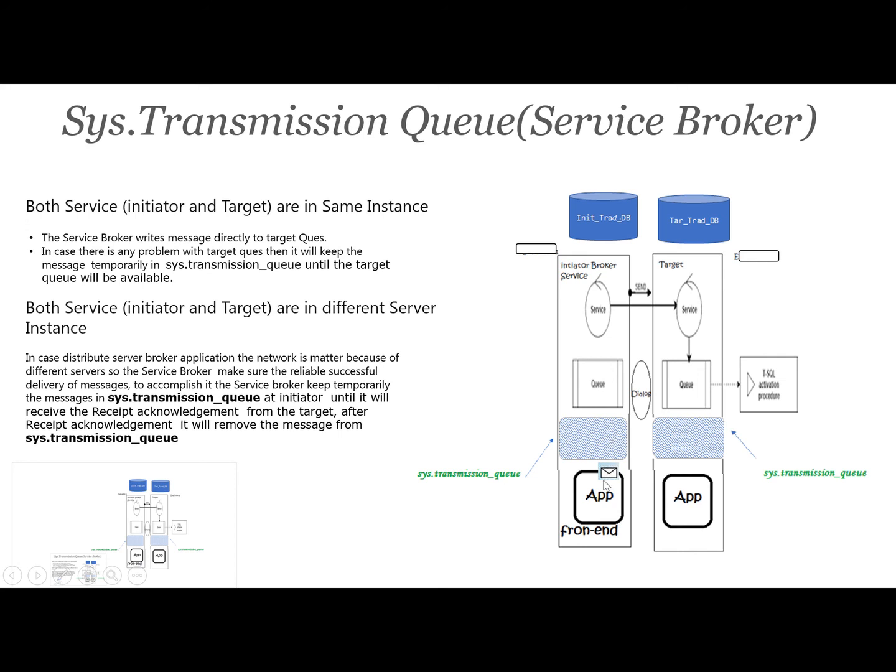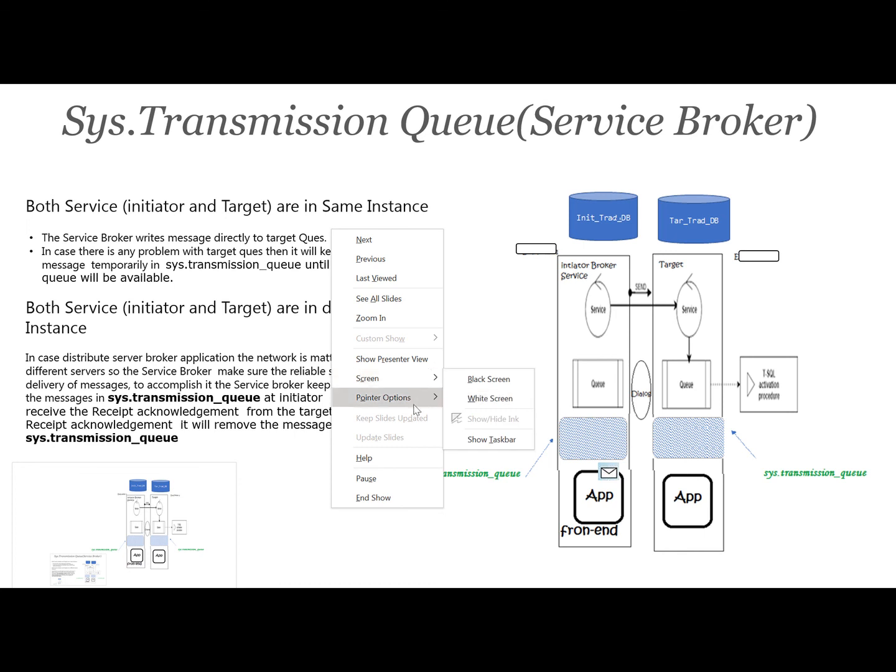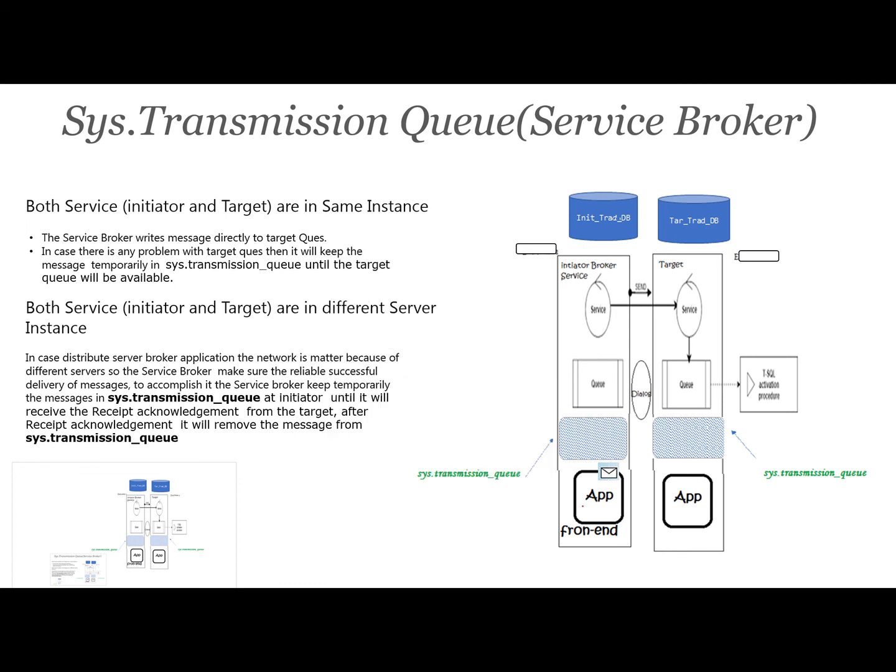So in that case, when this message is delivered, it will first go to the sys.transmission_queue, and one copy of this message will go to the target service queue.